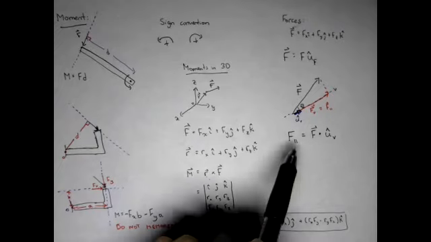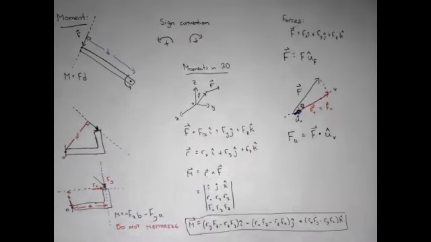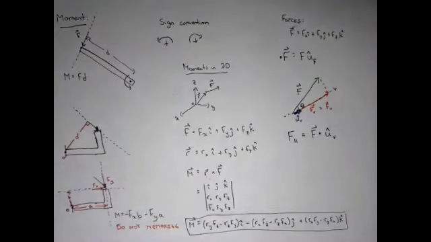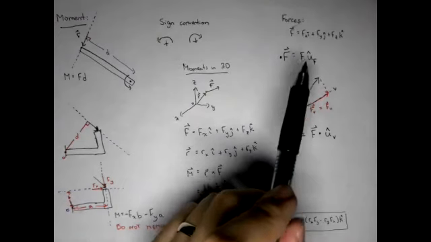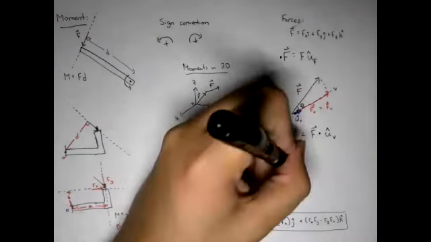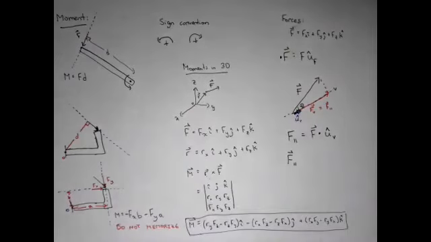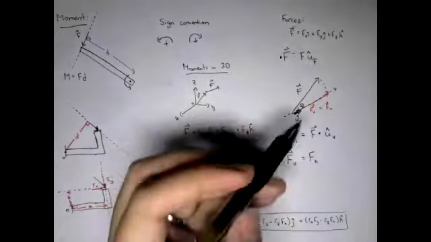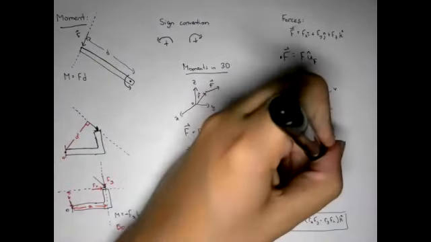But this is only a magnitude. How can we turn this magnitude into a vector? Well, we go back to our definition of a vector. Remember that I always want you to look at vectors as products of magnitudes times a unit vector in their direction. Therefore, the vector form of this component will be equal to its magnitude times a unit vector in the direction that I want.